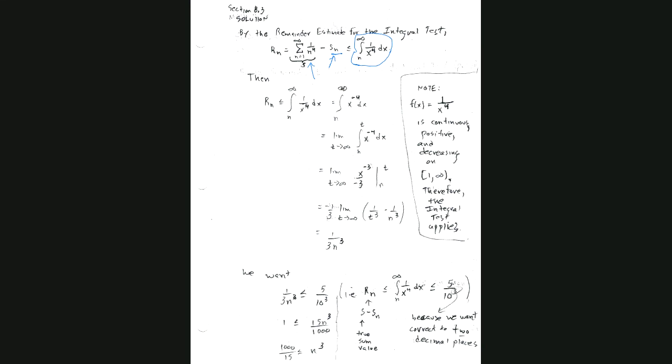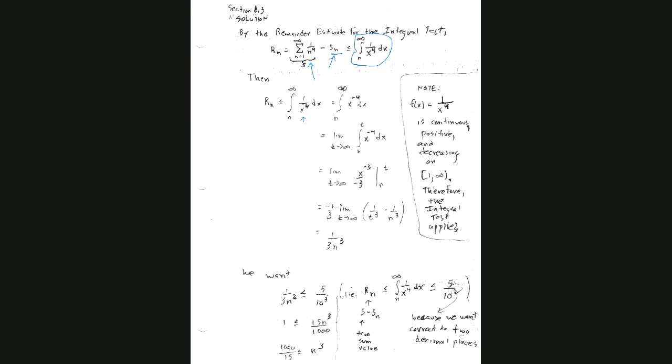So the remainder is less than or equal to the integral from n to infinity of 1 over x to the 4th dx. I'm going to compute that, and naturally I'm going to use the correct notation.